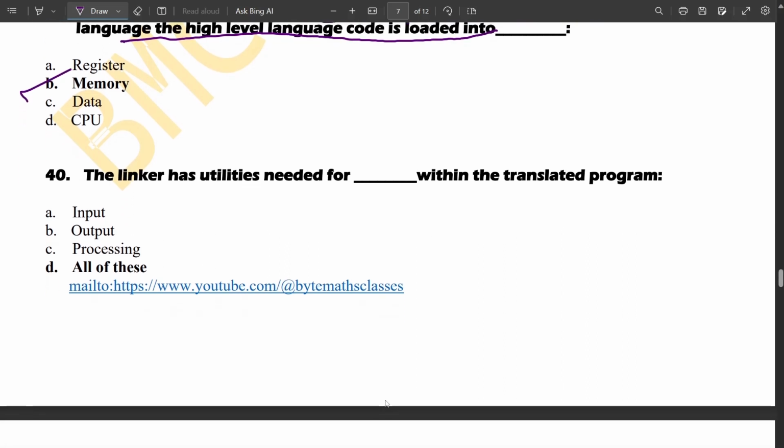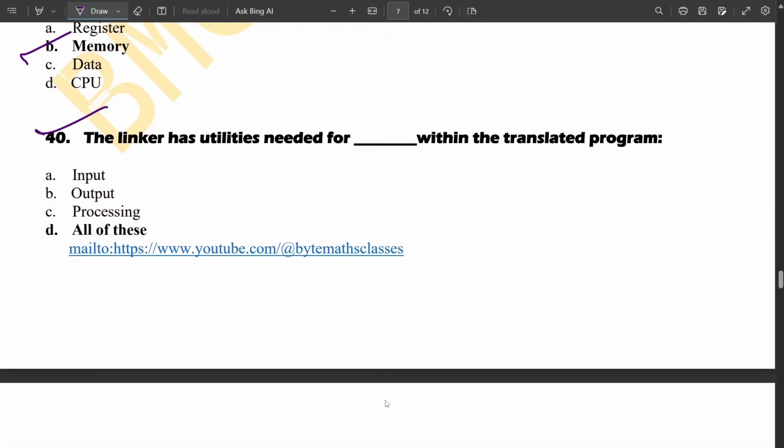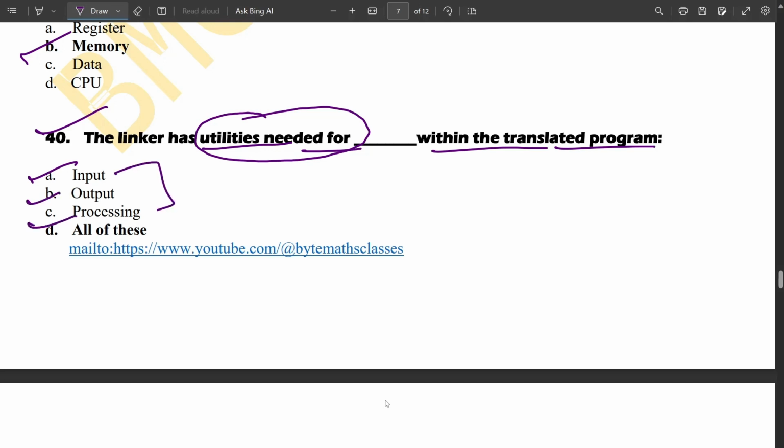Next, the linker has utilized what is needed for the translated program. So input, output and processing, all of the above.